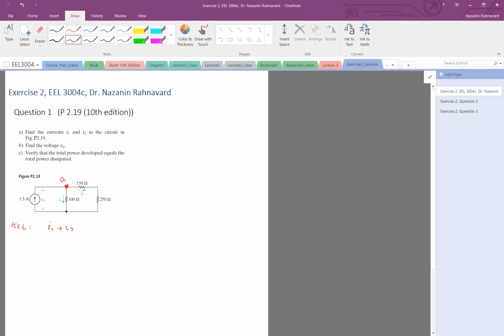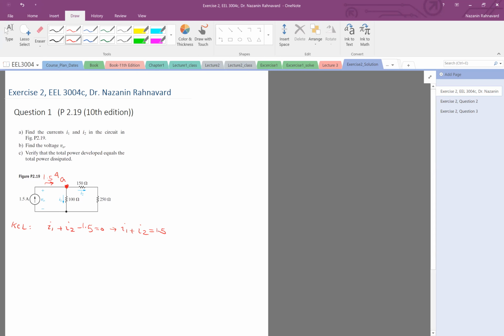So I1 and I2 are exiting this node, I1 plus I2. And there's 1.5 amps entering this node, so I put minus 1.5 equal to 0. In other words, I1 plus I2 equals 1.5.